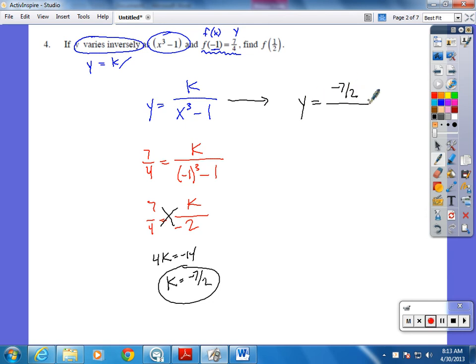If you want to leave it as negative 3.5, I don't care. All right, that's still okay. Technically, fractions inside of fractions isn't really a good thing anyway, but for this, you don't have to simplify that. And then the last part of this is saying, okay, now once you've done that, find f of 1/2, which means we're substituting 1/2 in place of what variable? X. And then we solve for y.